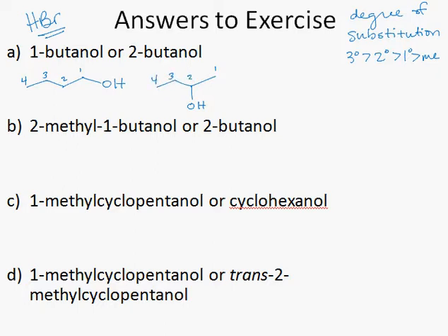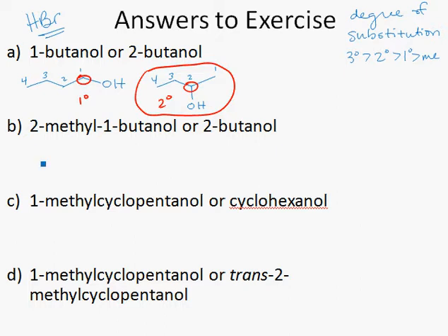If we look and focus on the carbonyl carbon, we can see that 1-butanol is primary because the carbonyl carbon only is attached to one other carbon, and 2-butanol is secondary because the carbonyl carbon is attached to 2 other carbons. So secondary wins. 2-butanol is going to react with HBr faster.